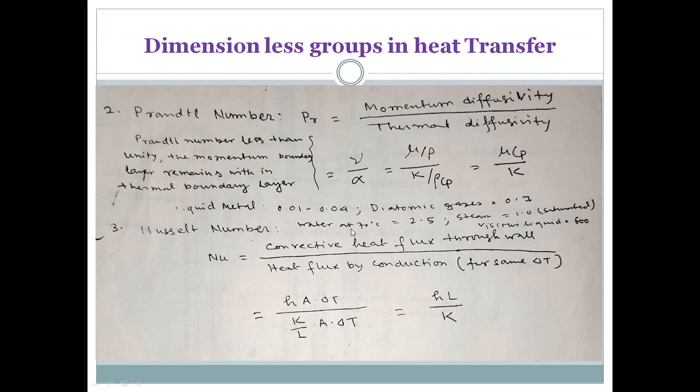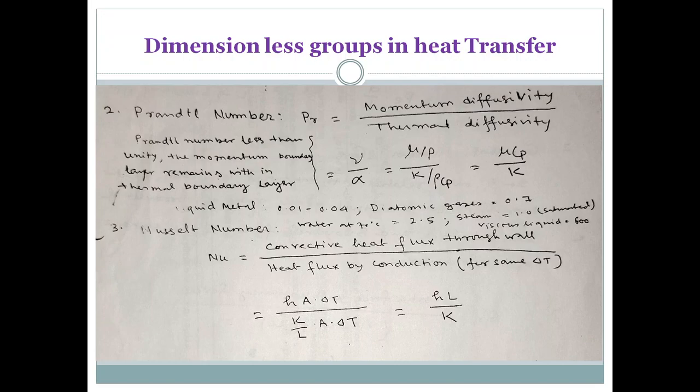Water at 70 degrees centigrade has 2.5. Sometimes you should understand which component has a low Prandtl number. Then you should understand that liquid metal has a low viscosity and high thermal conductivity.